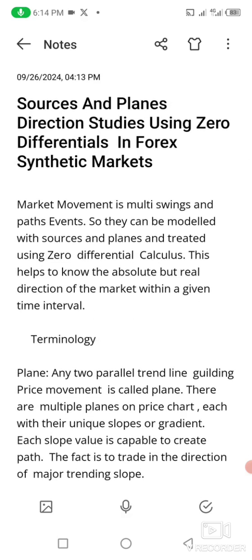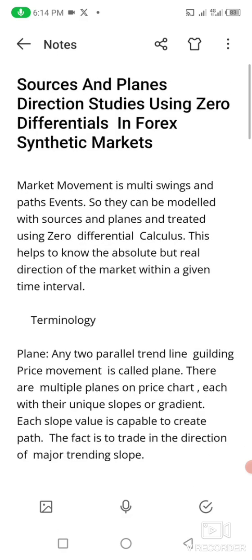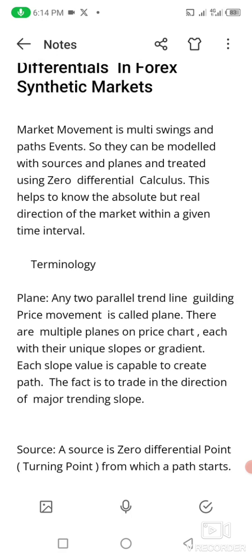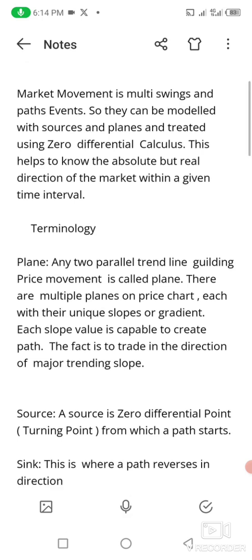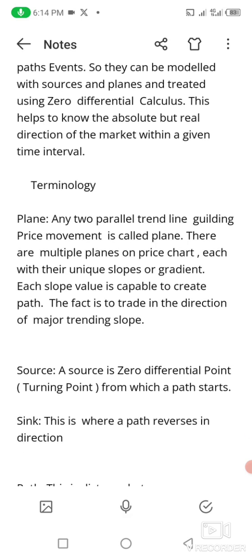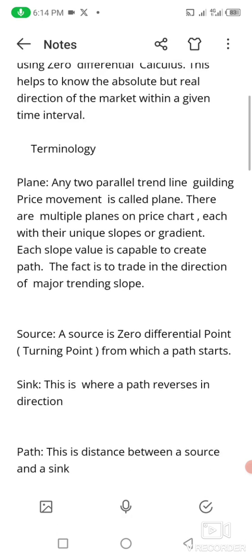Market movement is multi swings and path events, so they can be modeled with sources and plans and treated using zero differential calculus. This helps to know the absolute but real direction of the market within a given time interval.